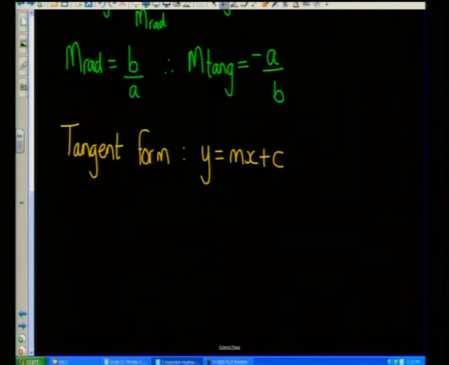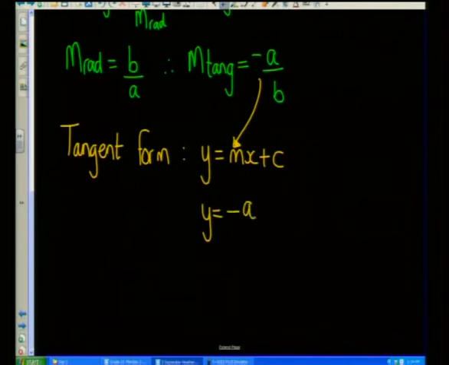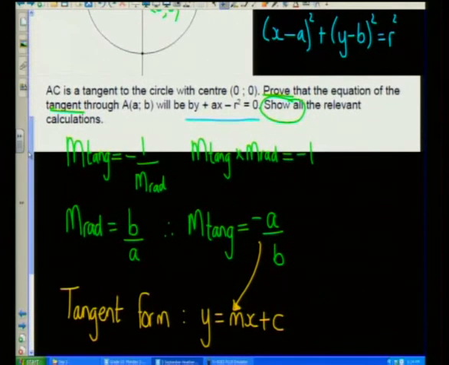Now, what do I know about the gradient of my tangent? Well, very definitely the gradient of my tangent is going to be minus a over b, x add c. Now, does it look anything like what I am trying to prove? Well, no, not yet.